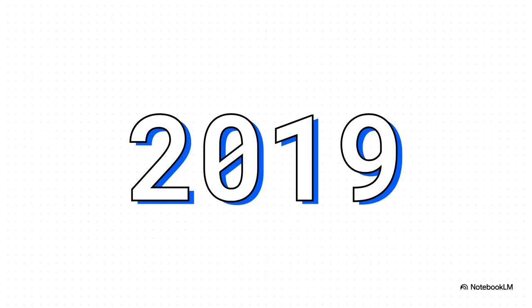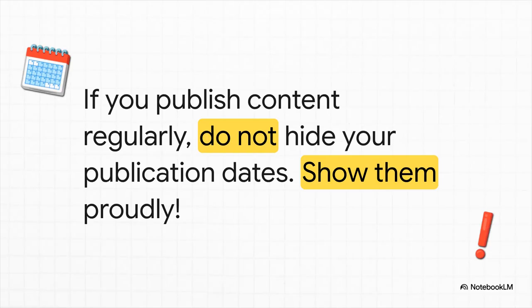Okay, so back in 2019 at their huge developer conference, Google really hammered home how important dates are. For them, dates are a huge signal for what's relevant, especially for content that's new and fresh. So the message from them was crystal clear. If you publish content regularly, blog posts, articles, that kind of thing, do not hide your dates. You gotta show them off loud and proud.